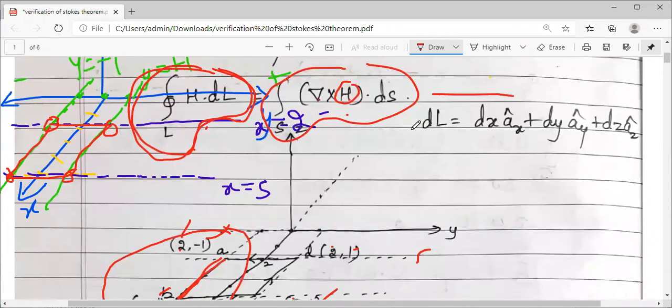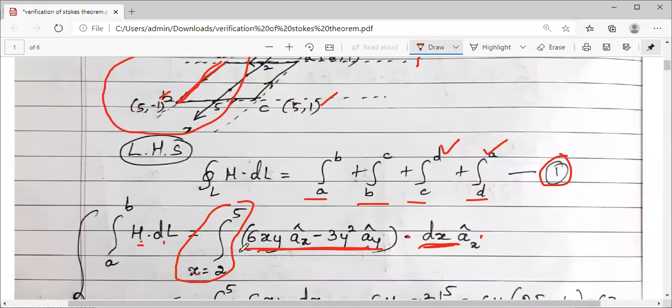I have written here dl, out of this only this you have to consider. Further, take the dot product. When I take the dot product of the first term with this, a_x dot a_x is 1, so 6xy remains with dx.